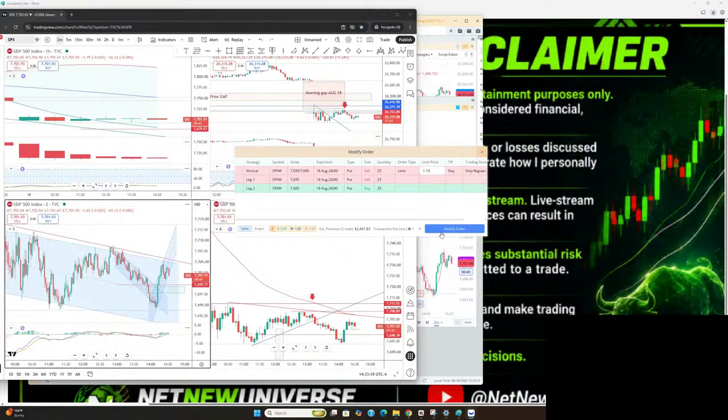It has to break this line to get to the bottom, maybe to go down further. 7,000, which is actually strong support as well. So yeah, maybe up to that line.